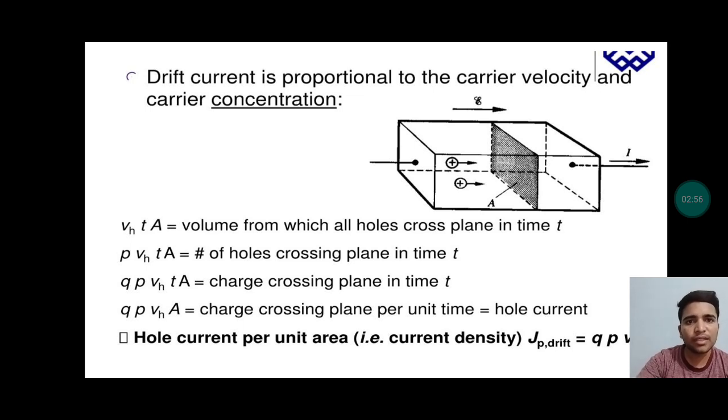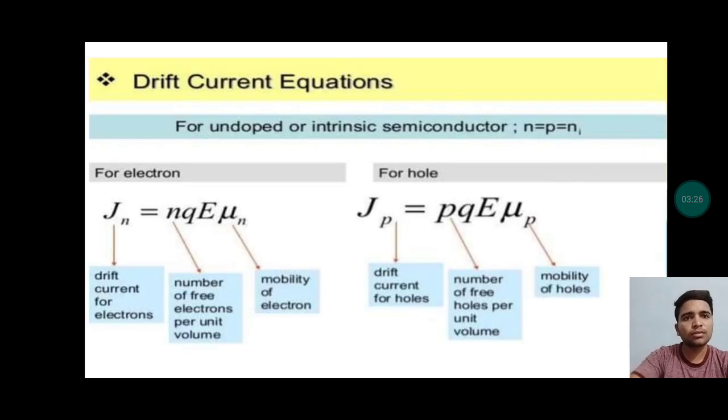Here Qp equals the charge crossing the plane in time t, and Qp Vh A equals the charge crossing the plane per unit time, which equals the hole current. Hole current per unit area, that is current density, Jp drift equals Q P V.